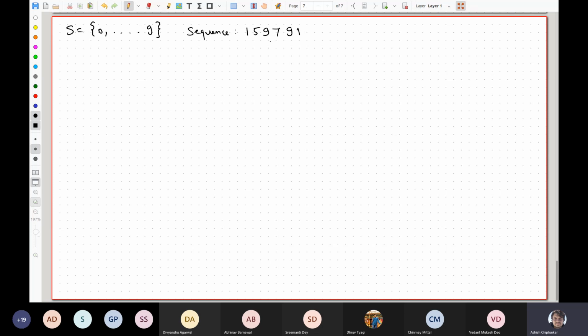What length do I need? I need a sequence of length 8, right? So the sequence is 1 5 9 7 9 1 0 2. Okay, so this is the Prüfer sequence of some tree.